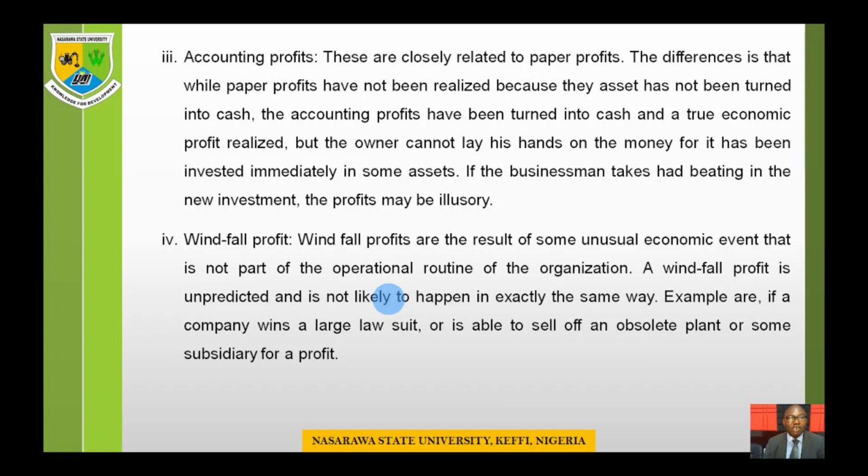Number three, accounting profits. These are closely related to paper profits. The difference is that while paper profits have not been realized because they are assets that have not been turned into cash, the accounting profits have been turned into cash and a true economic profit realized, but the owner cannot lay his hands on the money, for it has been invested immediately in some assets.